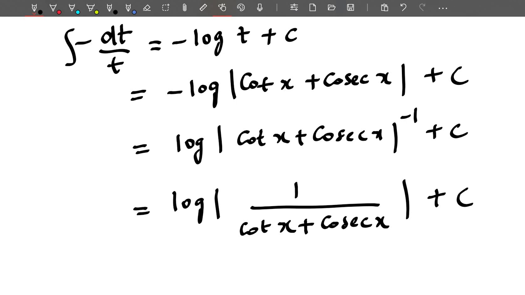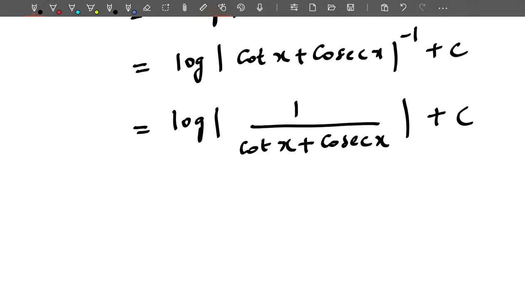But we know that 1 is nothing but cosecant square x minus cot square x is equal to 1.